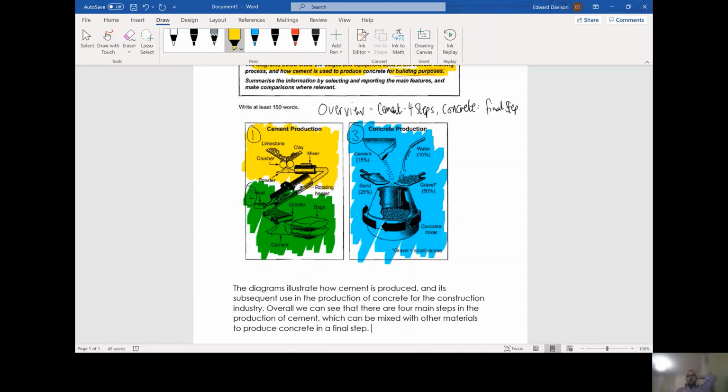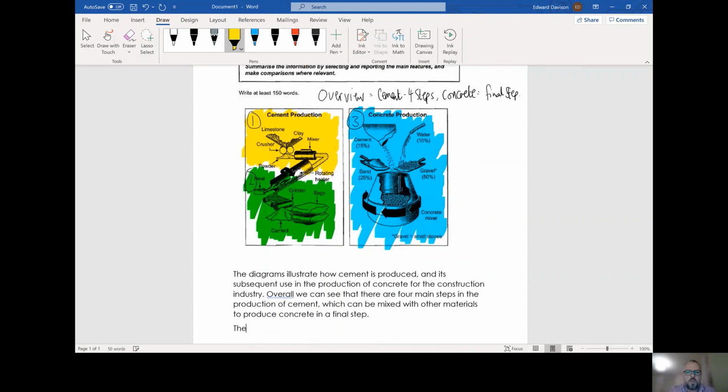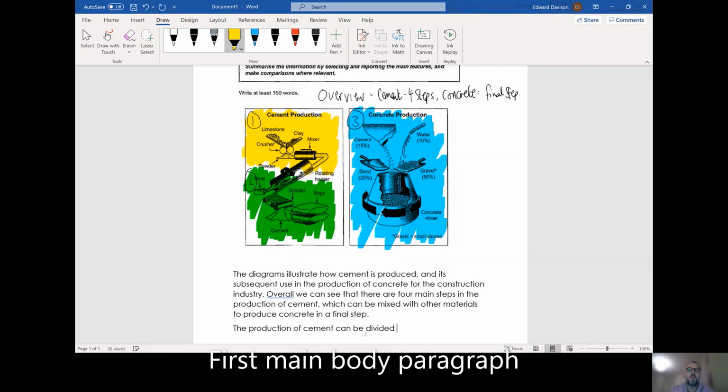I can now move on to talk about my main body. The production of cement can be divided into 2 main phases.